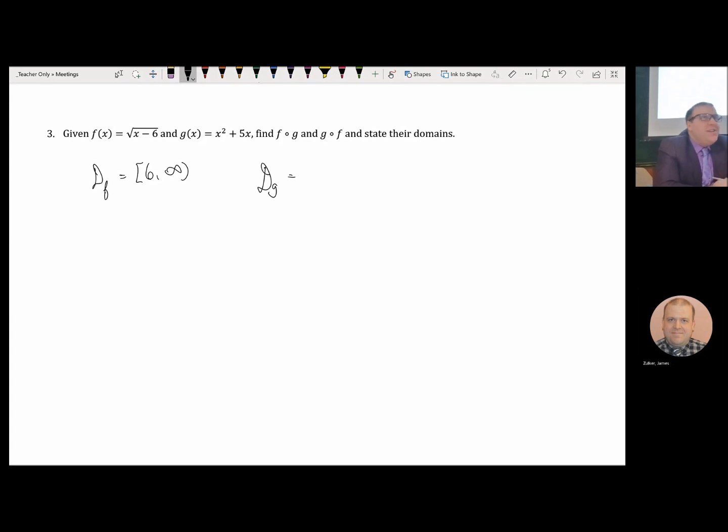What is the domain of G? Everything. Yes, it's everything. Excellent. F composite with G of X. Sometimes read fog.